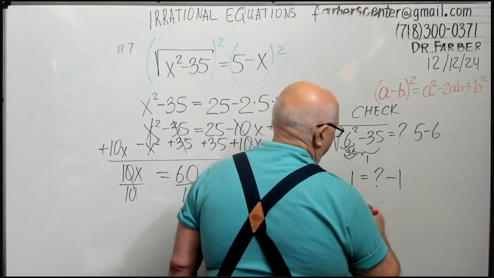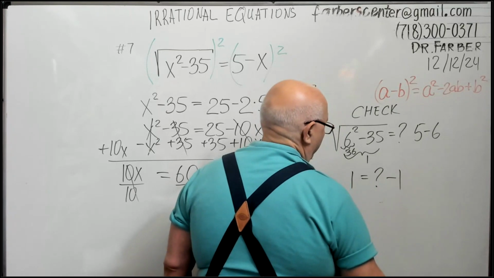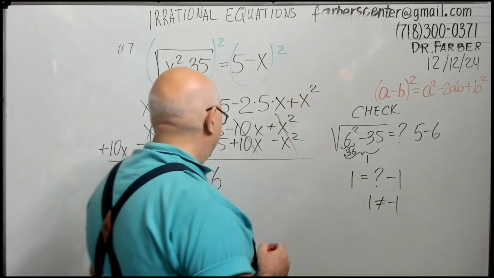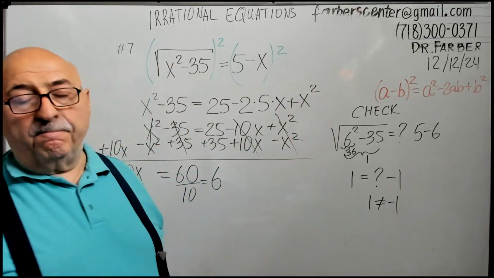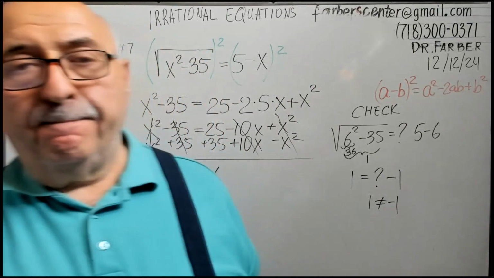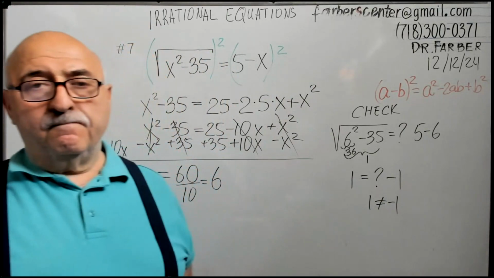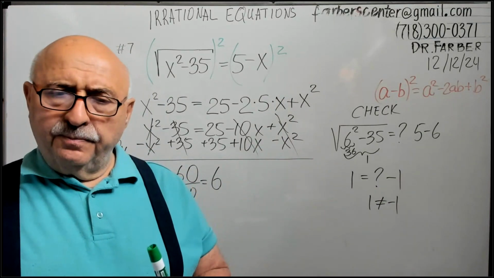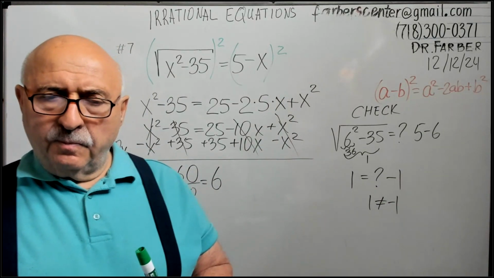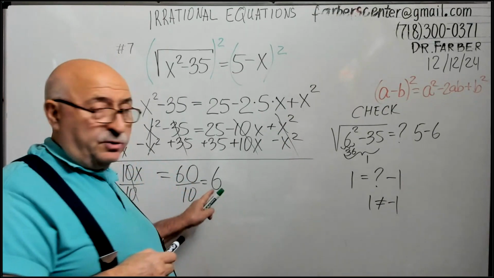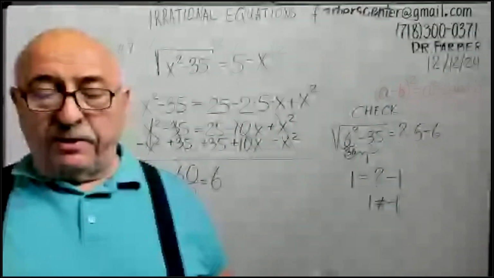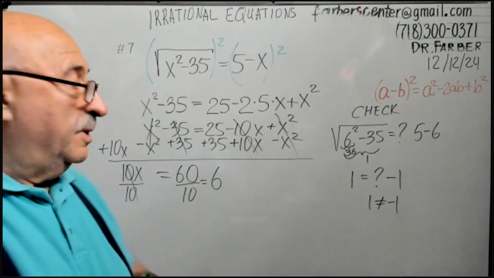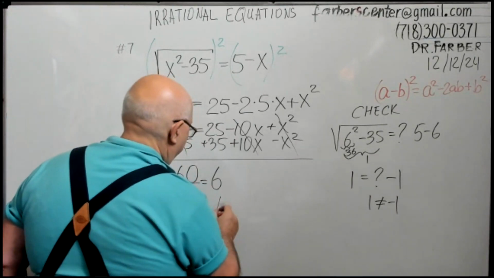No. 1 is not equal to negative 1. What conclusion can I make from here? Help me. Any ideas? Can I say that 6 is my solution if the left part is not equal to the right? No. And I can write here: no solutions.